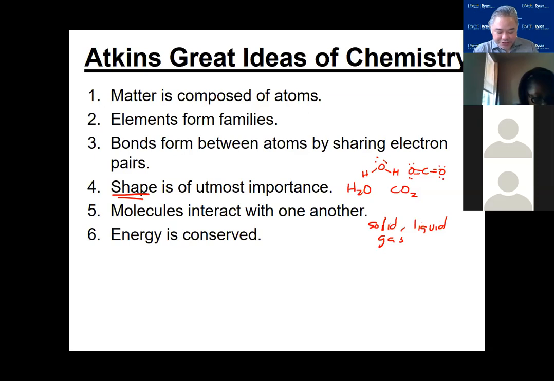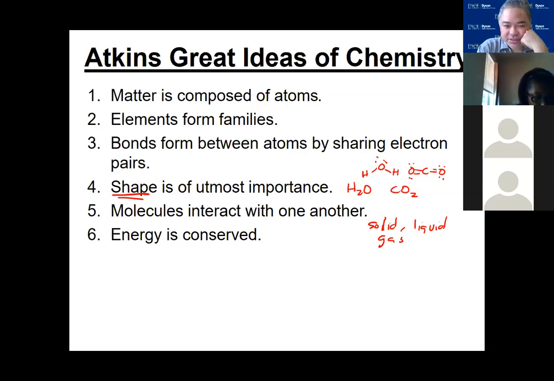Now, conservation of energy. So, what's the main reason why chemistry developed into a science? It has something to do with Antoine Lavoisier's discovery that in a chemical reaction, energy is conserved.